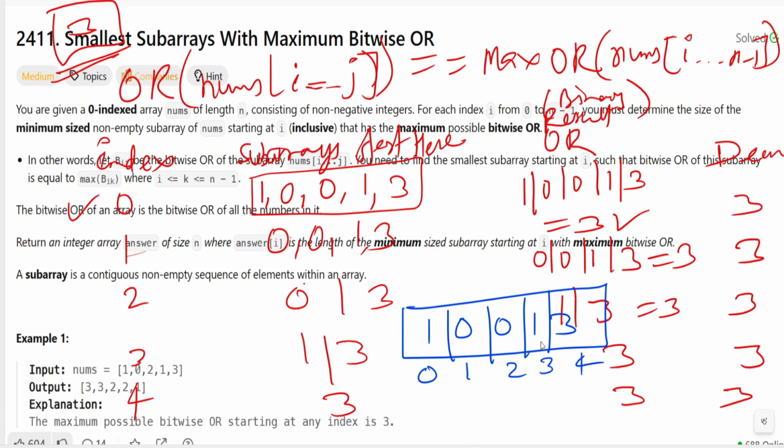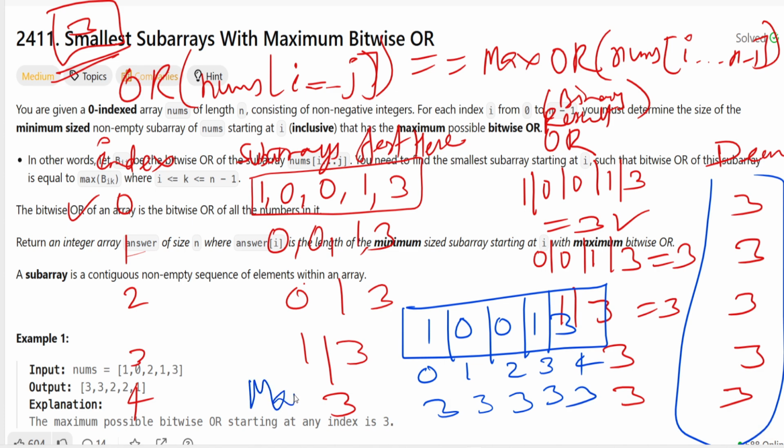The values we have got are 3, 3, 3, 3, 3. This is your max OR result, and you will return this result. I hope you understand. So this is our approach.